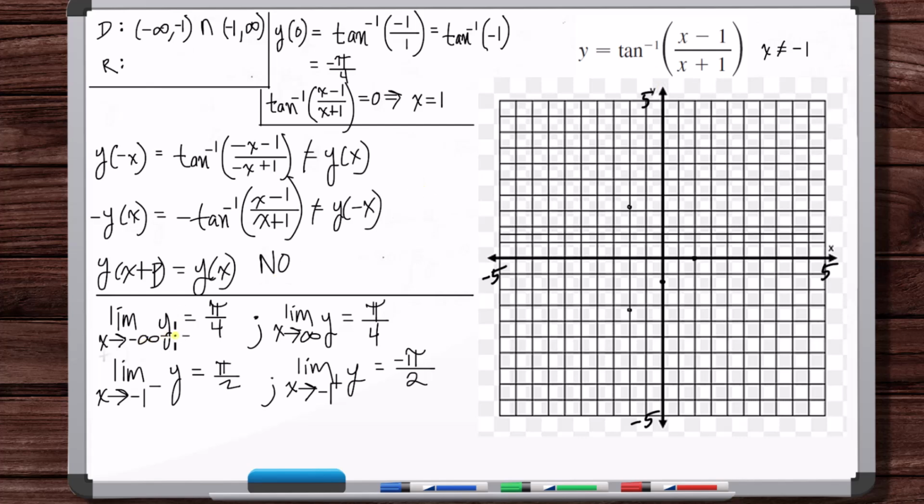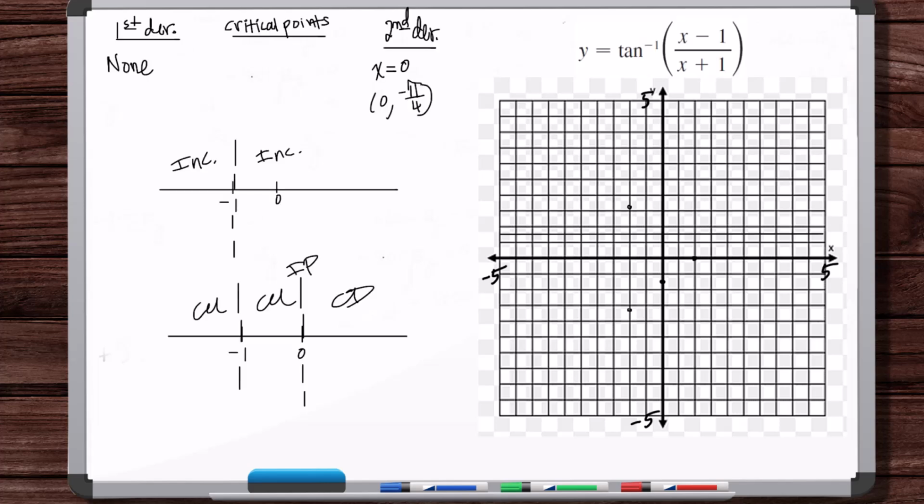As x approaches negative infinity, the function approaches pi over 4. All right? So it'll be coming in this direction, concave up and increasing. And there's no critical points here where we have a local min or something. So this will be pretty simple.